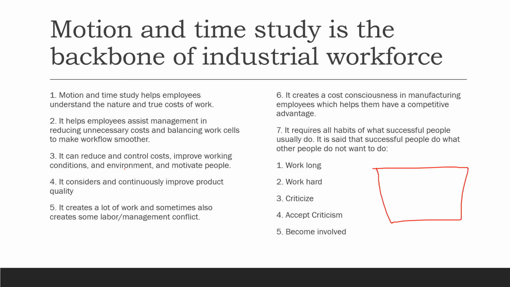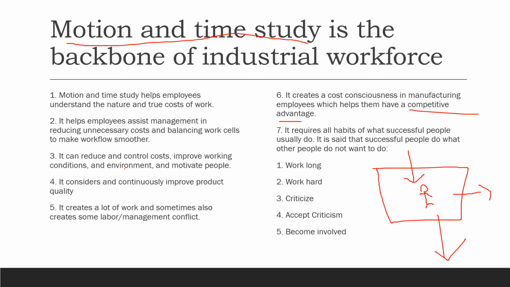But then the system that they make, the design comes from motion and time study. That system and the right employees make a company go in the right direction or not. And that we call the competitive advantage, and the products that companies are generating.